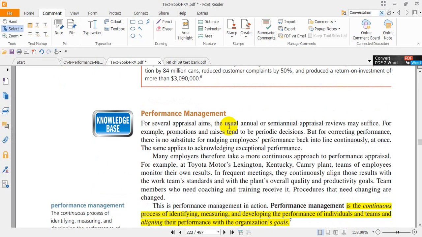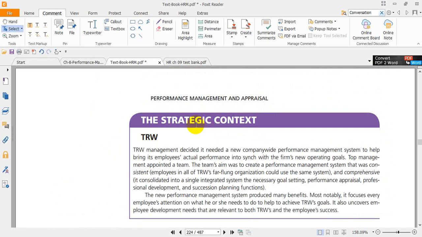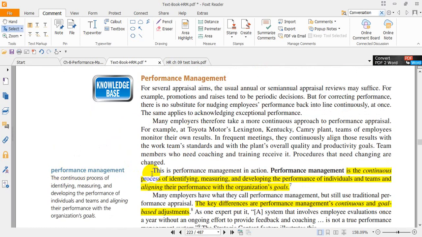Okay, now let's talk about performance management. Performance management is the continuous process of identifying, measuring, and developing the performance of individuals and teams, and aligning their performance with the organization's goals.